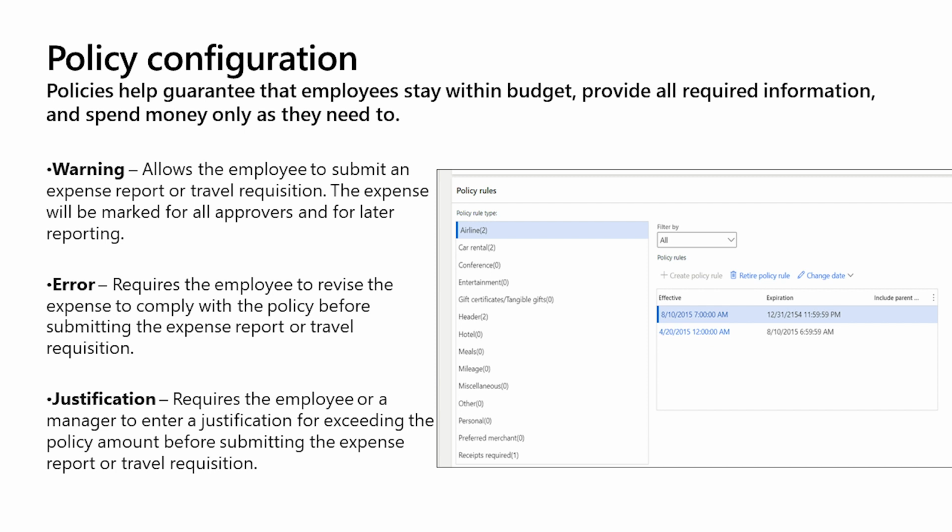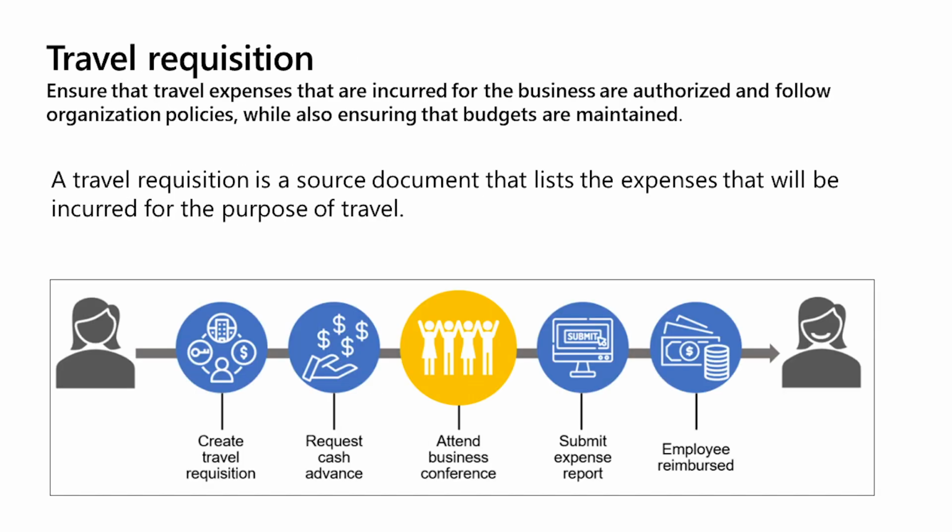Out-of-box policy actions are configurable by each expense line field, and they allow for great flexibility in catering to every organization's need. A travel requisition ensures that travel expenses that are incurred for the business are authorized and follow organization policies, while also ensuring that budgets are maintained.